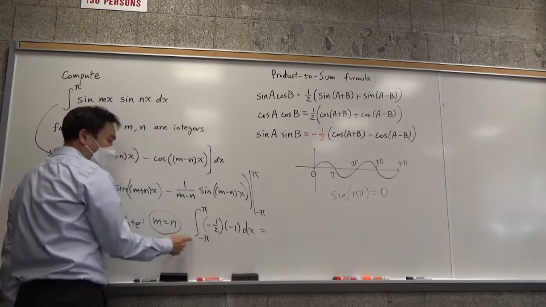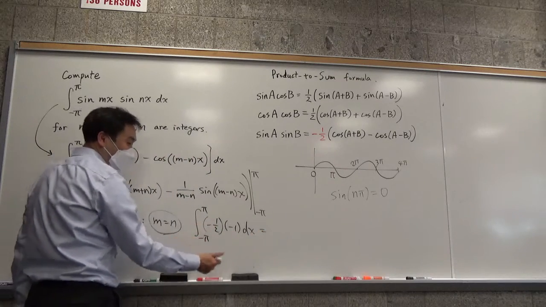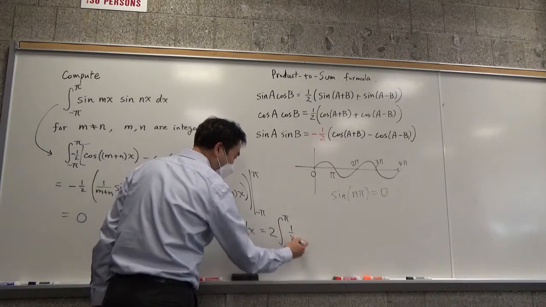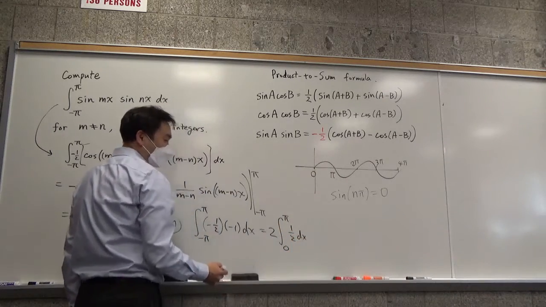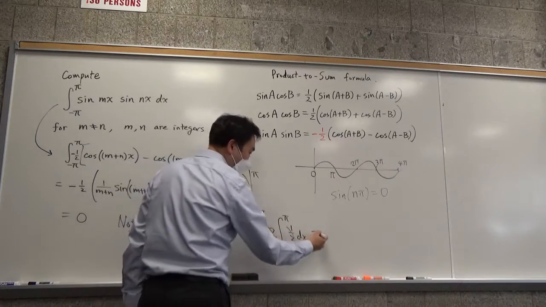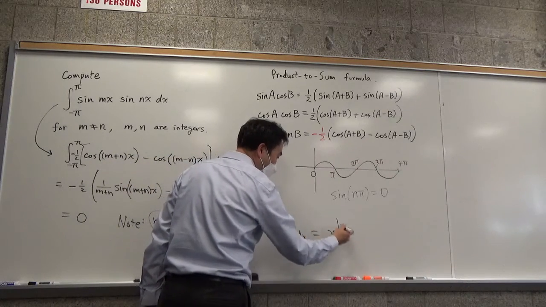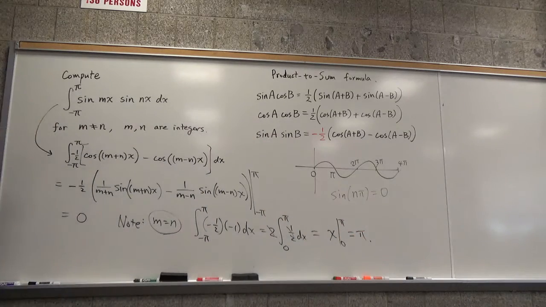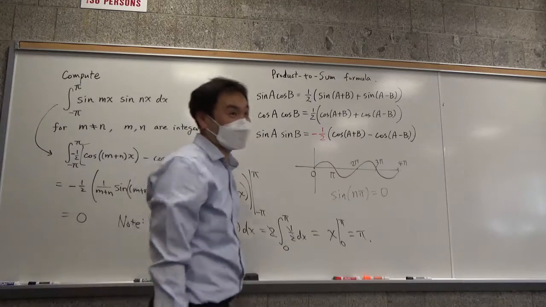Well, this is an even function because constants are even, so I can just write it as twice the integral from 0 to pi of 1/2 dx, which cancels, so you just have the integration of 1, which is x, and you plug in pi and 0, and you just get pi. So that's what happens if m and n are equal. But if they're different, you get 0. Now notice that it will be really hard to get this result without the product to sum formula, right?